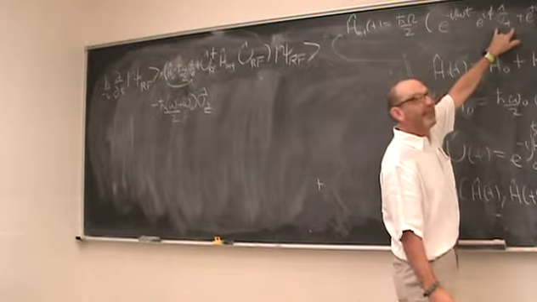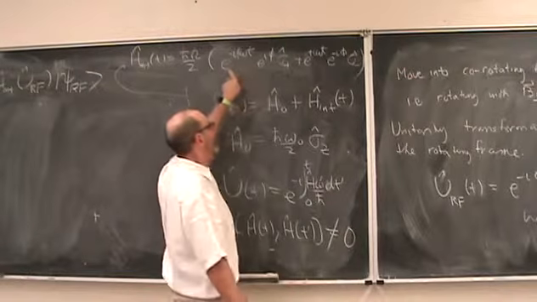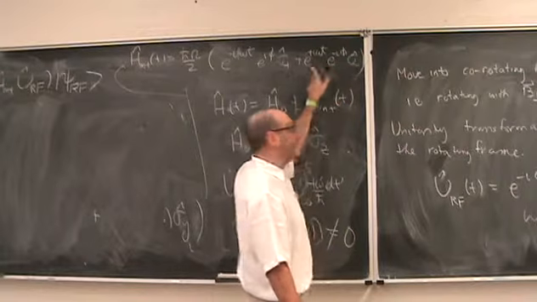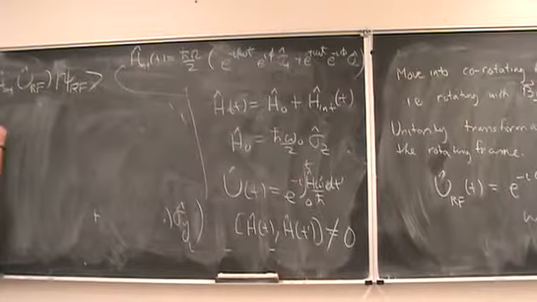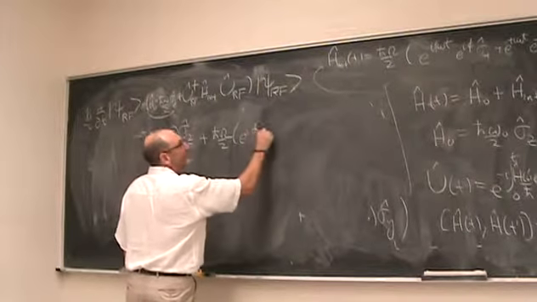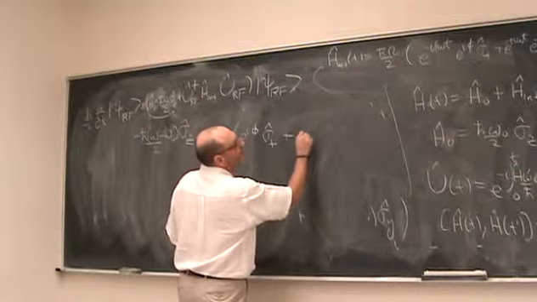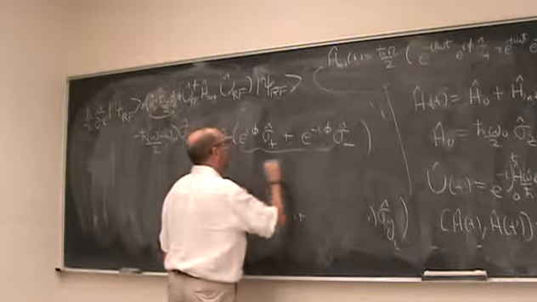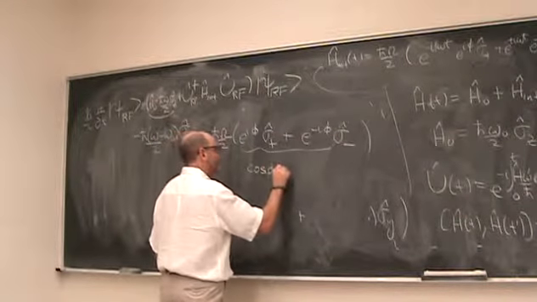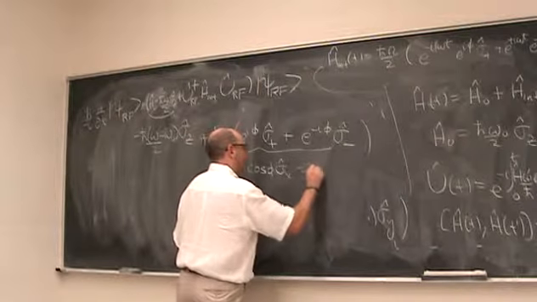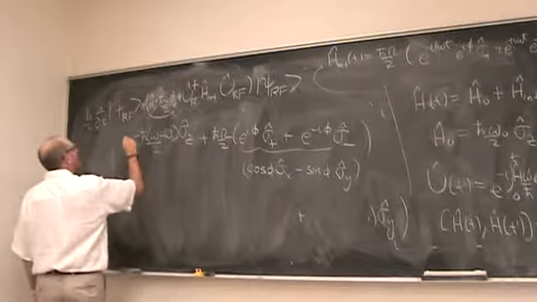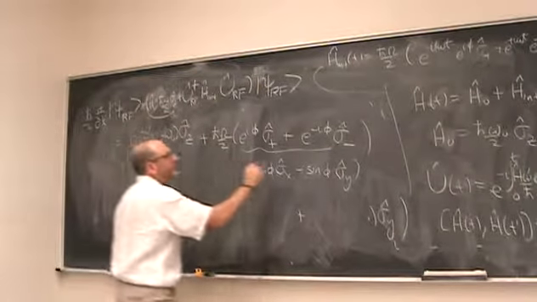This becomes e to the plus i omega t, which cancels that. This becomes e to the minus i omega t, which cancels that. And this, my friends, is the important point that we'll be stopping at right now.